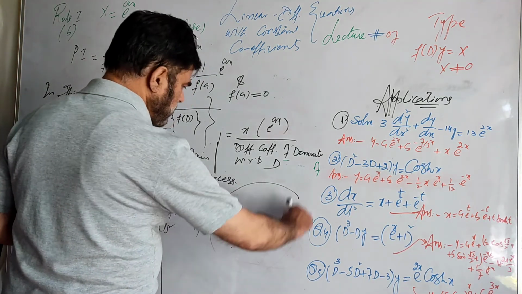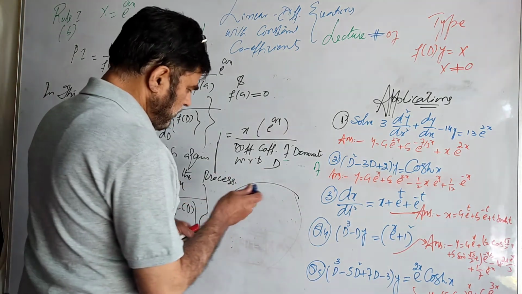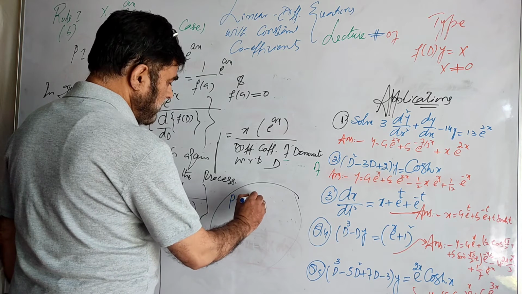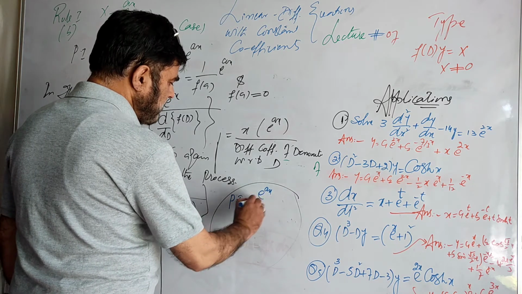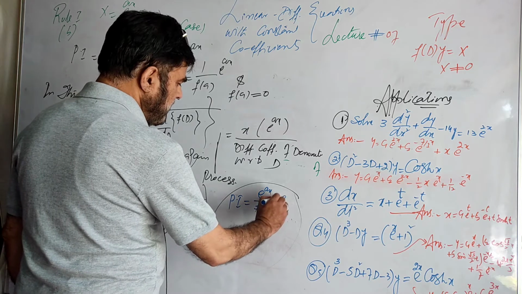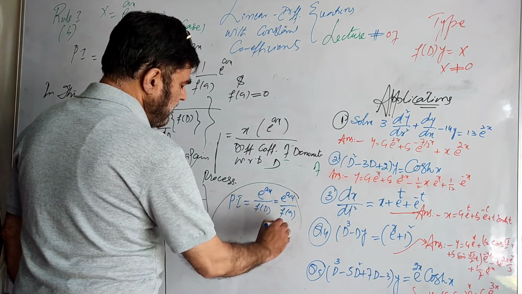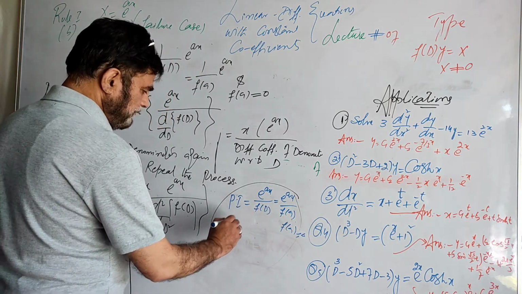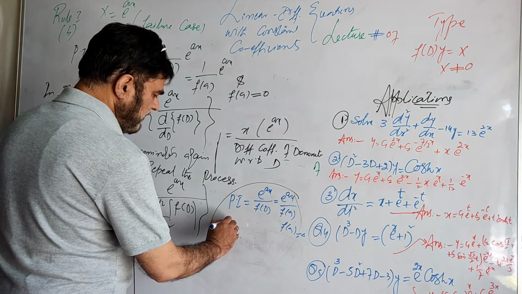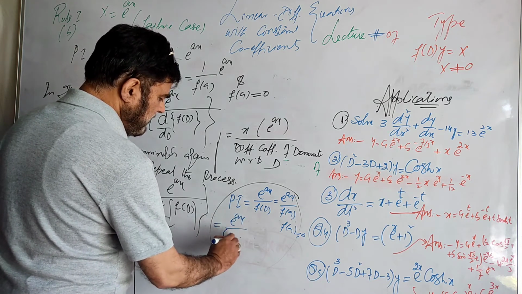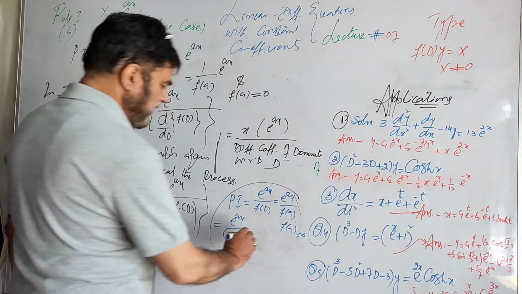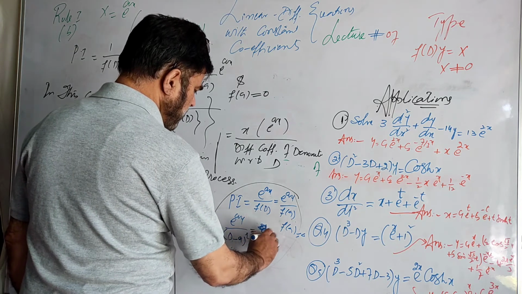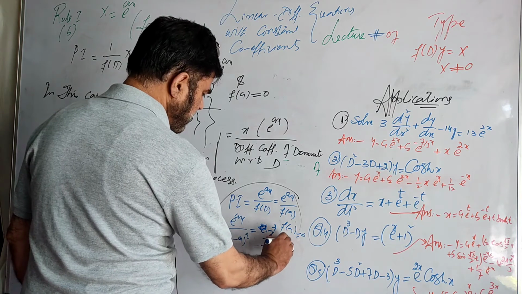In the failure case you also have one formula in your book. When the particular integral is e raised to power ax by f of D, and you write e raised power ax by f of a, when f of a is 0, then the particular integral is given by e raised power ax, D minus a raised power r, with x raised to power r by r factorial into e raised power ax.